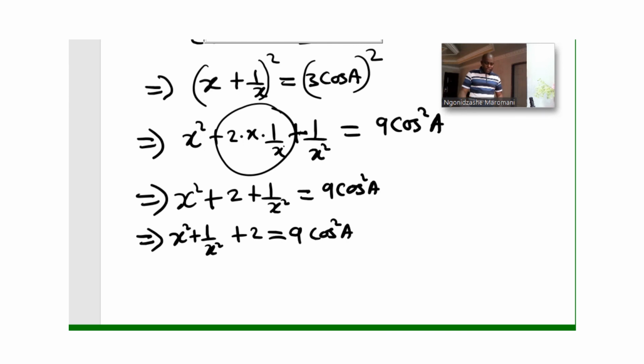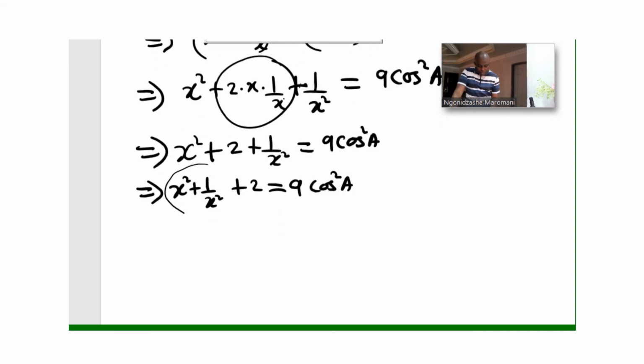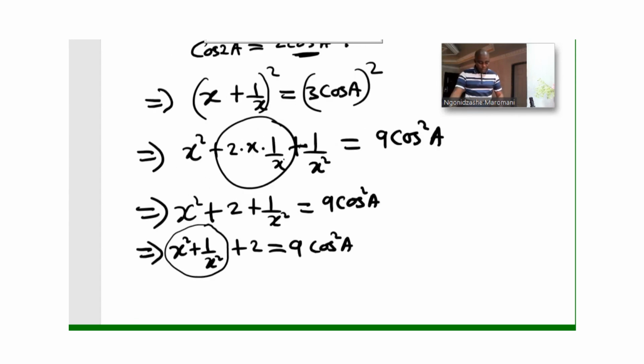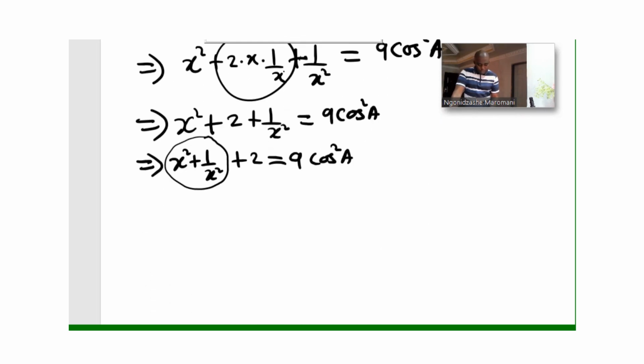The part x squared plus 1 over x squared, we are told that is 2. So in place of this we write 2, plus 2 is equal to cos squared a. Simplifying, 2 plus 2 is 4.